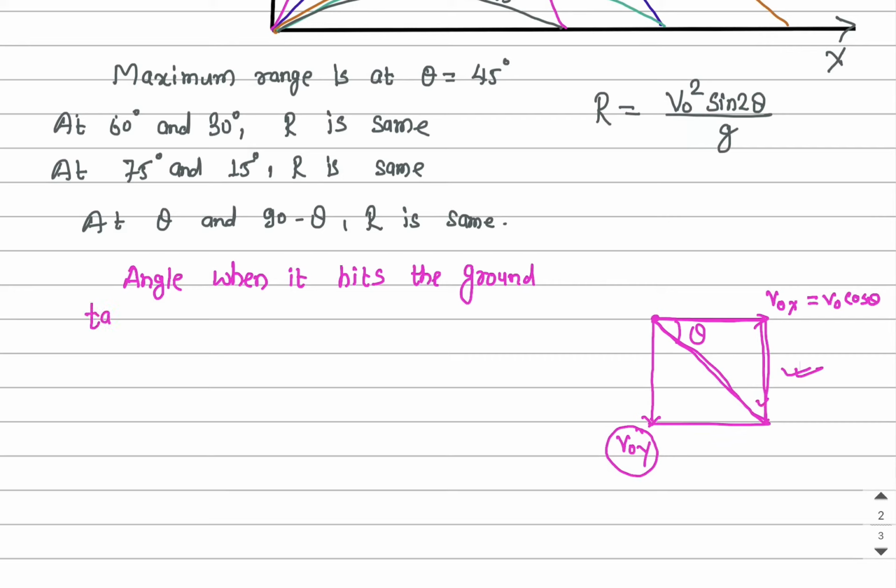So tangent of theta can be given by the vertical velocity at that time and the horizontal velocity. So the angle theta is equal to tangent inverse of v0y over v0x.